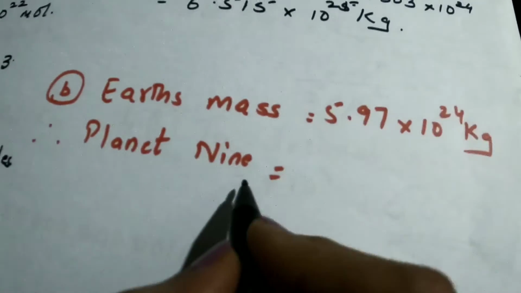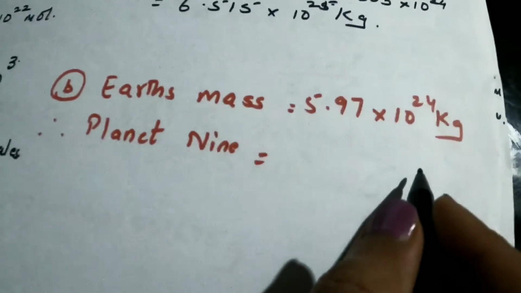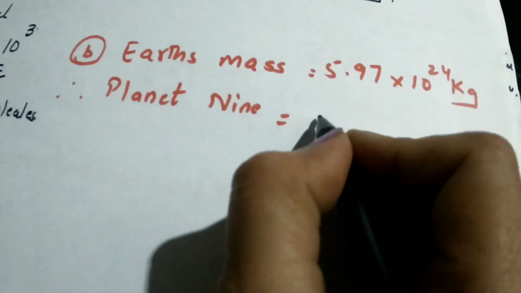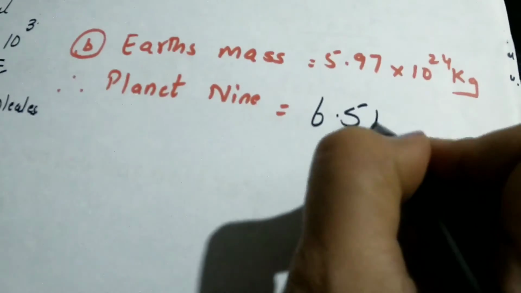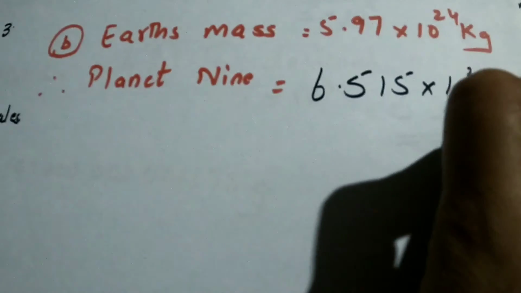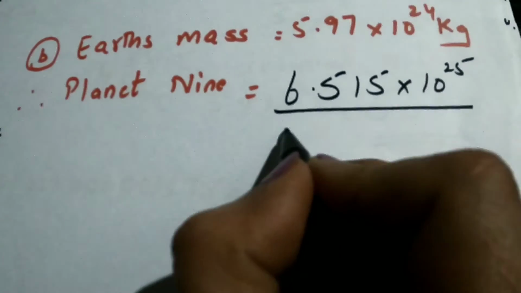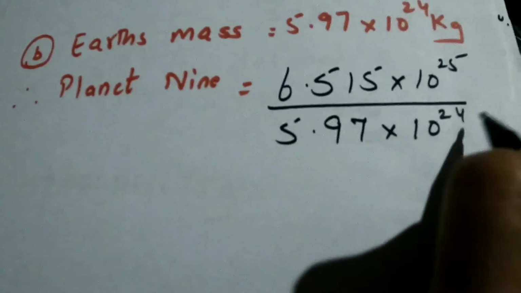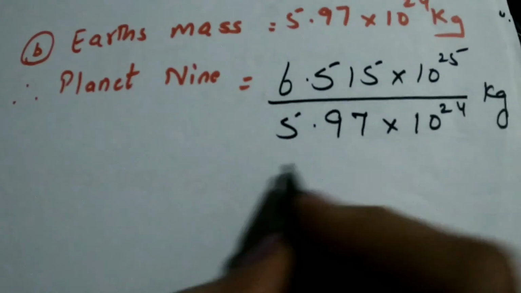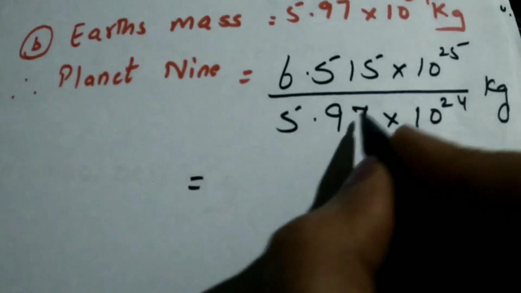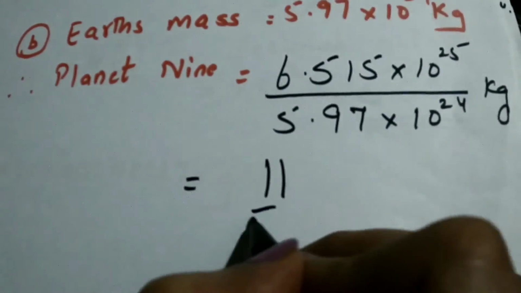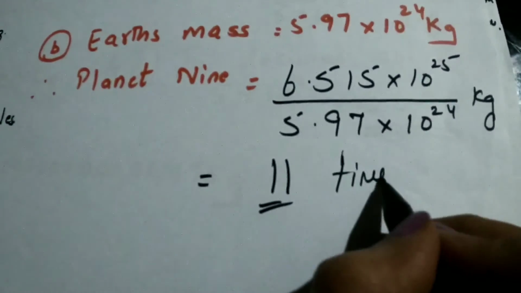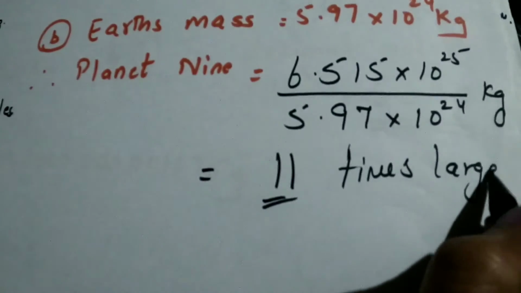Now to find out how many times it is larger, what we do is this answer which you have got here, planet 9's mass 6.515 into 10 raised to 25, you divide it with the mass of the Earth, which is 5.97 into 10 raised to 24 kgs. When you solve this, you will get the answer as 11. So you can say planet 9 is 11 times larger.